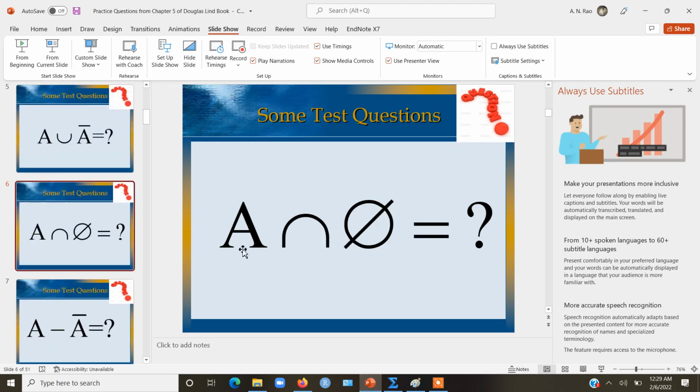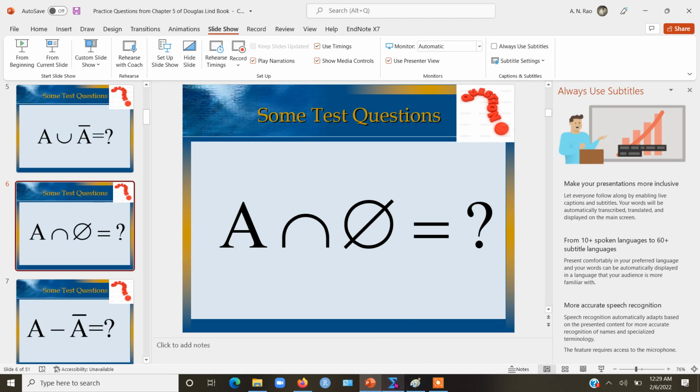Next we have, what is the intersection of A and an empty set? Now this inverted U is read as common points. So what are the common points between a set A and an empty set? In an empty set we don't have anything.